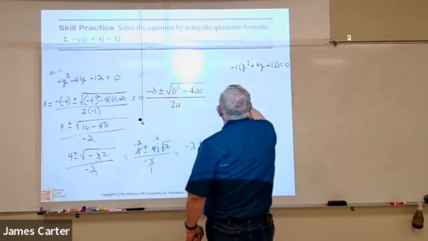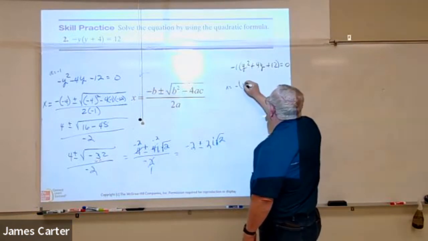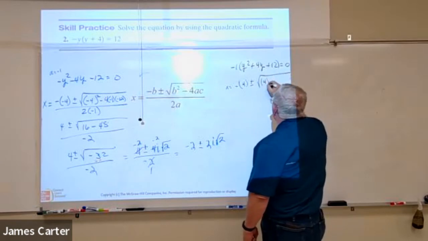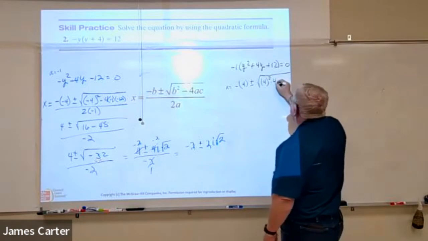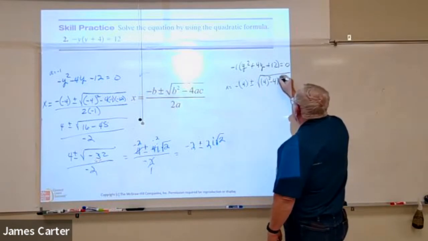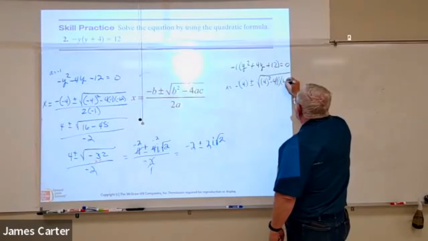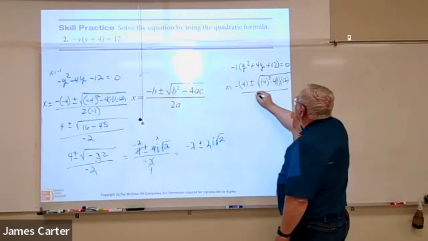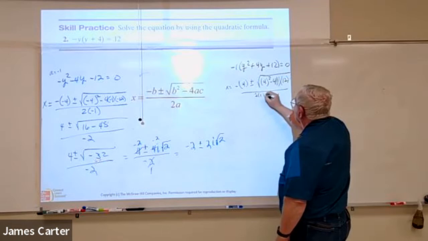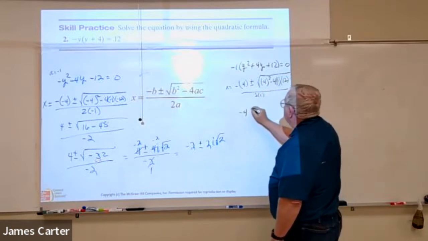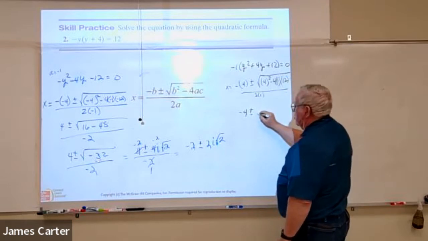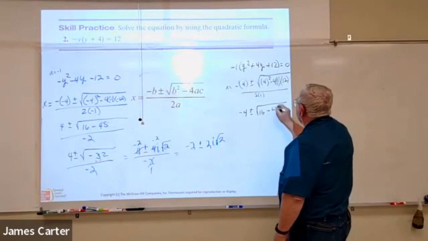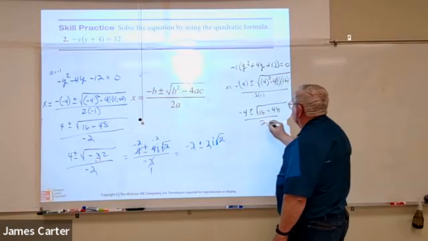So x equals -4 plus or minus the square root of 4 squared minus 4 times a, which is 1, times c, which is 12, all over 2 times 1, which gives me -4 plus or minus the square root of 16 minus 48, all over 2.